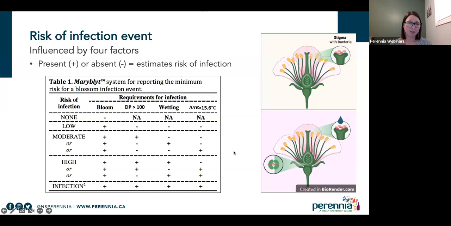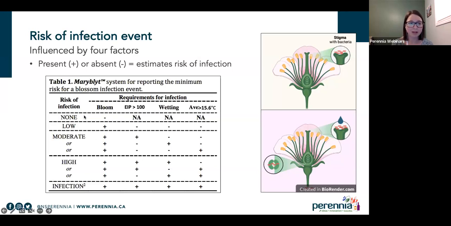So just to summarize now, a blossom blight infection, again, can be produced when those 4 factors are occurring. So the model calculations are based on those 4 factors. And the Maryblyt model presents the risk as low, moderate, high, or infection, and it's based on the number of factors that are present or absent.